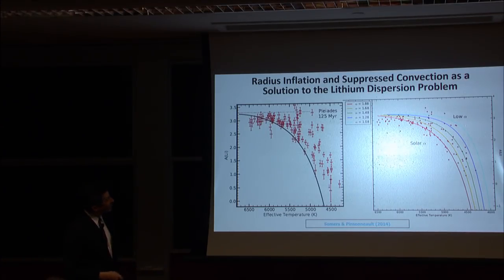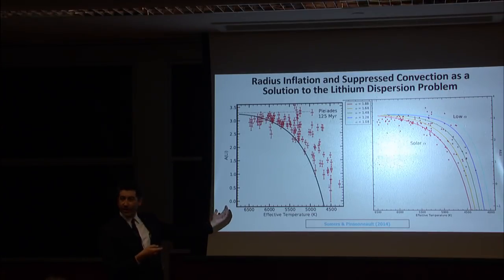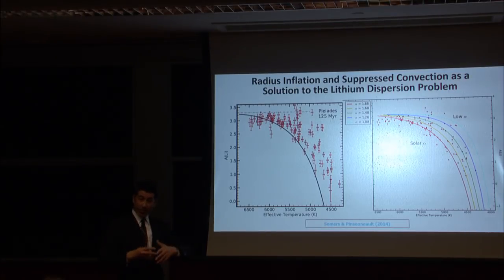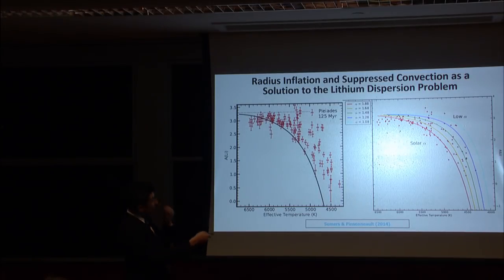than you would expect. And now, if we take the result that I just showed you of the radius inflation as a function of stellar rotation, and we make the assumption that the faster spinning stars, in order to create that radius inflation, have less efficient internal mixing, we can create a family of these solar-type models as a function of the alpha mixing parameter from solar down to about 1.